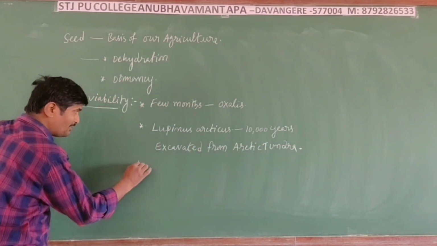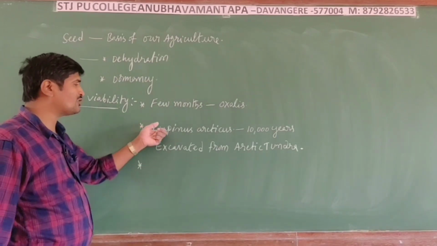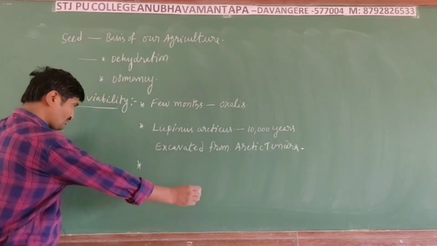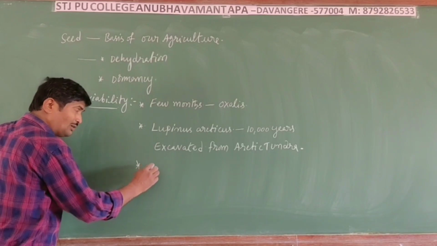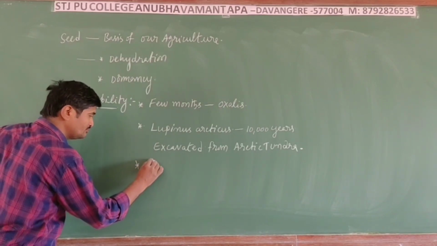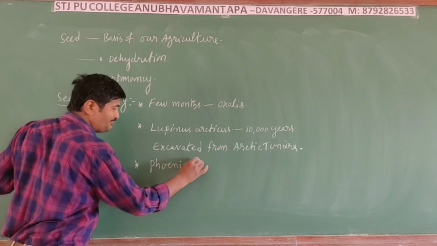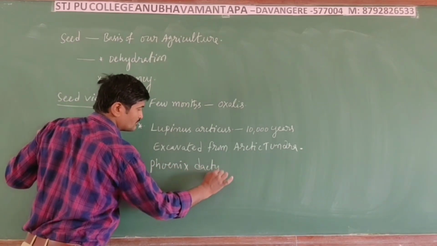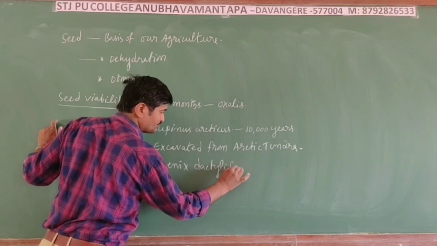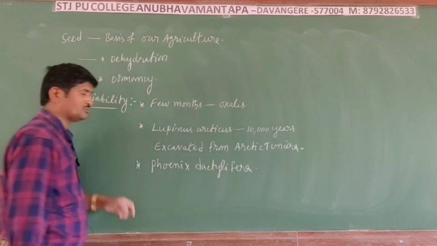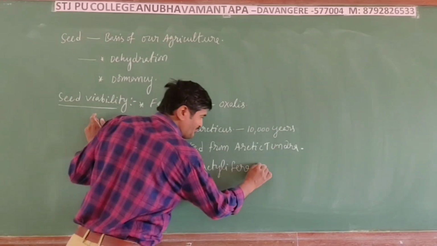And one more example, this is lupin or Lupinus arcticus. One more example, Phoenix dactylifera. It is a date palm.